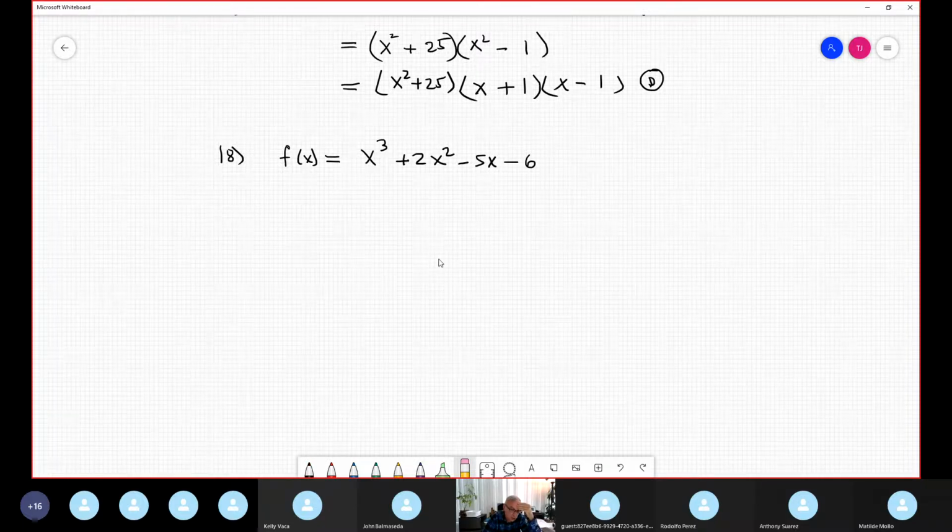In decimal, you discover what the real zero is, positive or negative, and you verify it after that using synthetic division. Let's do it that way. Suppose I put it in decimals. I saw that positive 2 and negative 1 is a good candidate to be a solution of this. Okay, now you perform synthetic division.